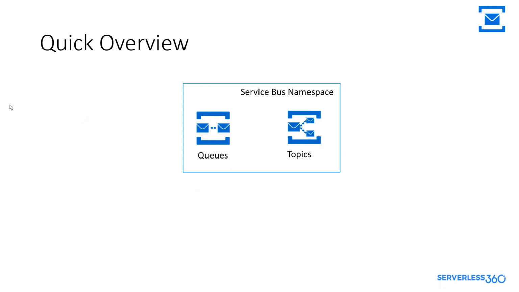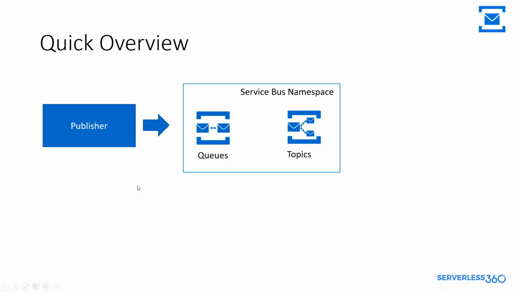Service Bus offers a reliable and secure platform for asynchronous transfer of data and state. Data can be transferred between different applications and services using messages. When I mean by decoupling applications and services, my publisher and subscriber need not be online at the same point in time.